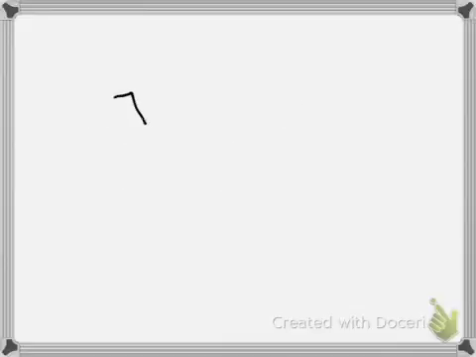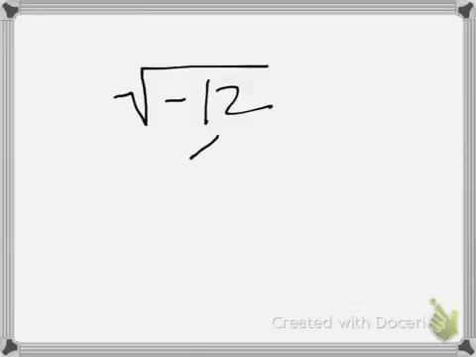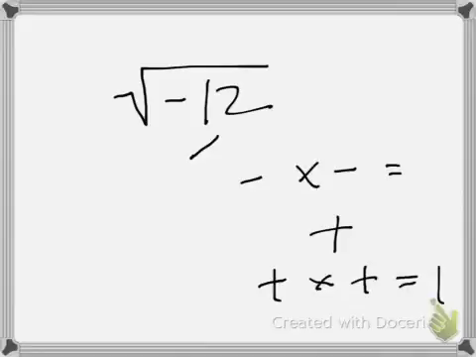So if you were to have the square root of negative 12, which technically is impossible, because you can't have a negative and a negative: a negative times a negative equals a positive, and a positive times a positive equals a positive.